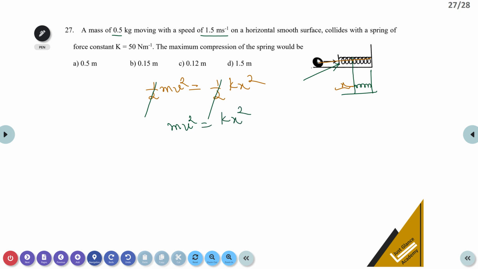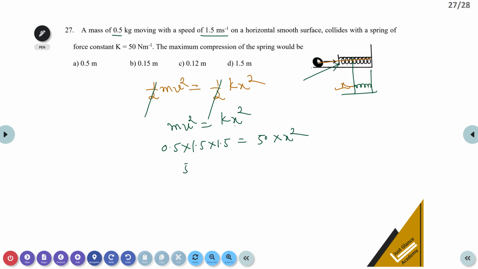The half cancels, so m v square equals k x square. Substitute m equals 0.5, velocity 1.5 into 1.5, and k is 50, into x square.